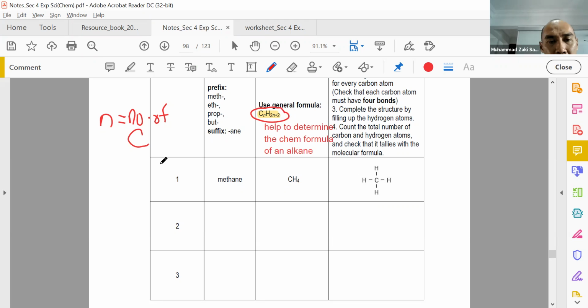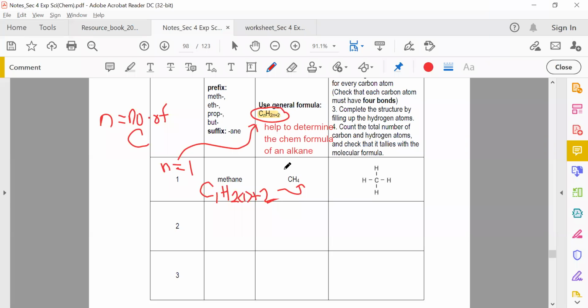For methane, N equals 1. Carbon is 1. So when you substitute the 1 into the formula, you get C1 H 2 times 1 plus 2. 2 times 1 plus 2 is what? Definitely 4. Can you see that?